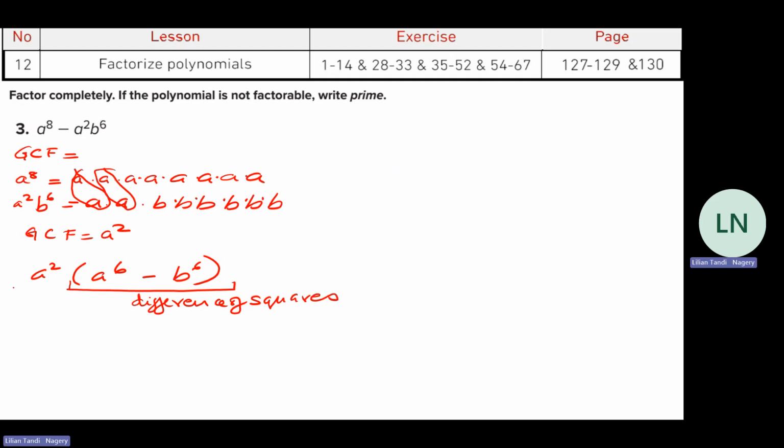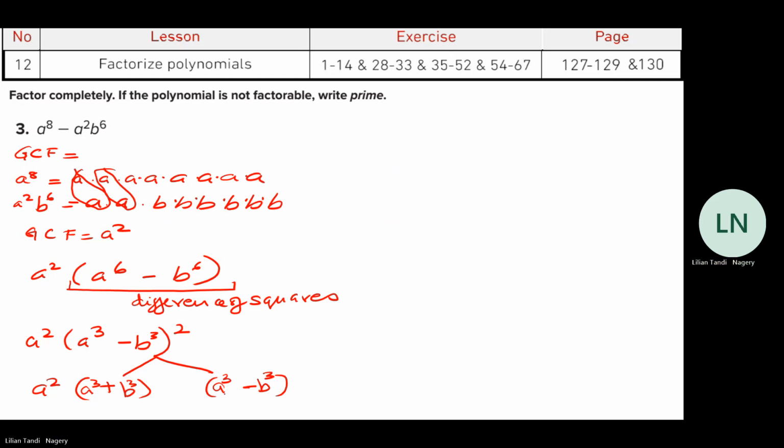You're going to say this is a squared times a cubed minus b cubed to the second power. Now, how do we write difference of squares? The formula for difference of squares, you need to have plus and you need to have minus. So this will be a cubed plus b cubed. Don't forget your a squared that you brought from your GCF. And here a cubed minus b cubed.